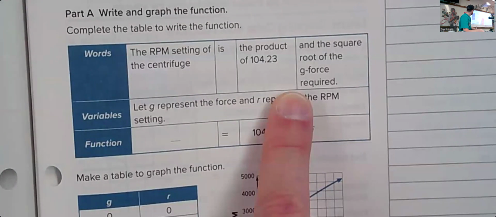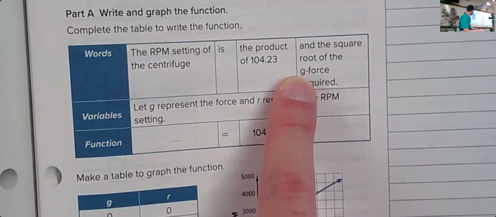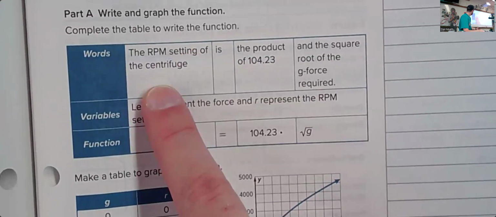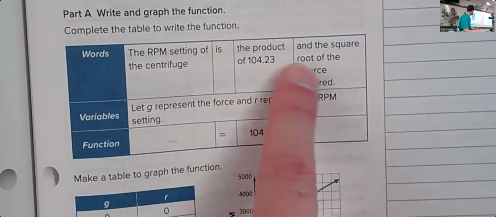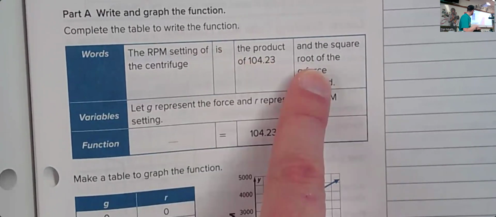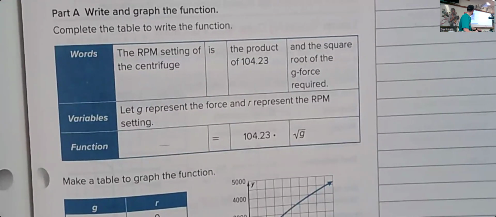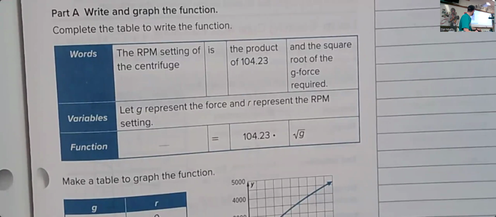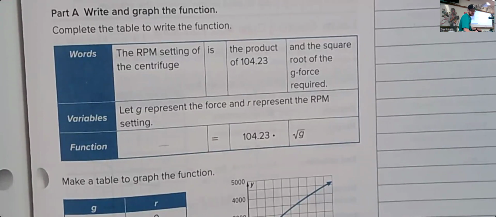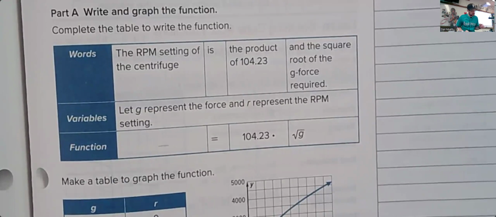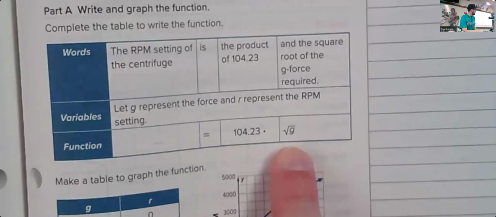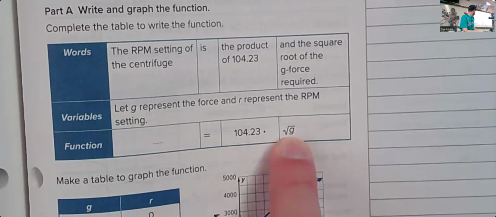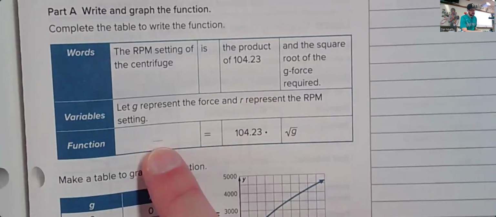So if you're writing it out in words, this is what we're taking from that paragraph: the thing that we are trying to figure out, the setting, is equal to the product of this number multiplied by the G-force required. So let G represent the force and R represent the RPM setting. We're just going to use G for G-force, and so R is going to go here.